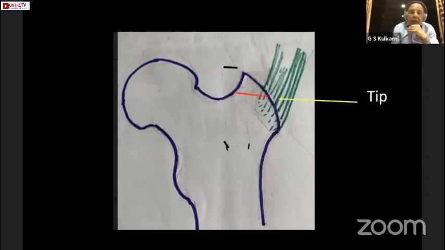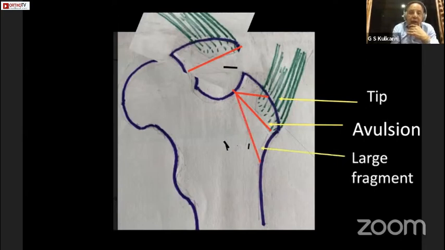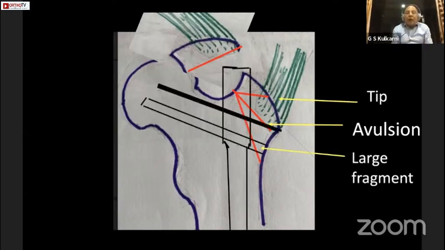Now, this is the tip fracture, and this is the avulsion fracture with the abductor muscles. This gets displaced proximally, and this requires fixation. And this is the large fragment, and this may not require fixation because the nail itself buttresses nicely and fixes it to some extent.